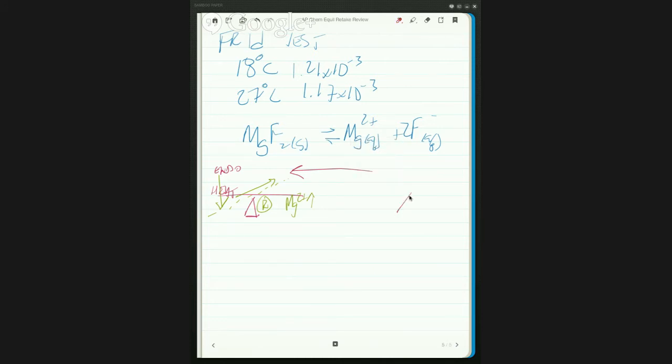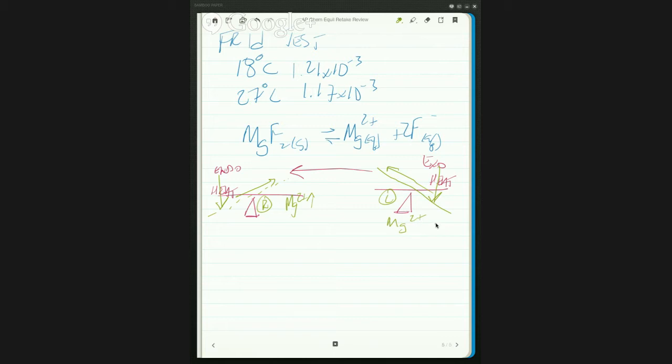What happened was, let me make another teeter-totter here. Heat was on the right. Heat was a product. So when we increased the temperature, we added it to the right side. So now the teeter-totter is down on this side, so it's going to shift to the left. It's going to favor the reactants, which means it's going to consume magnesium 2+.